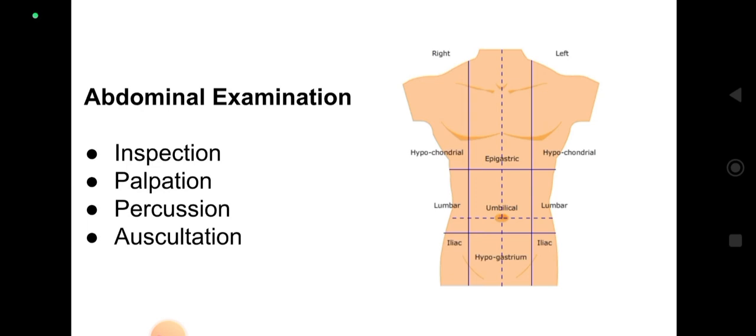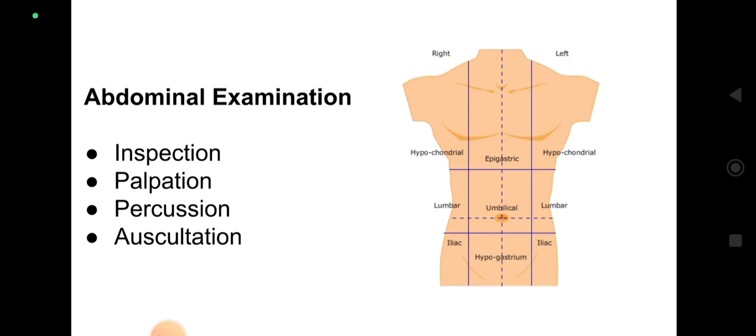The procedure should be clearly explained to the patient. After that, we start with inspection. During inspection, the patient should be supine and abdomen should be adequately exposed. The inspection should be performed under proper lighting conditions.